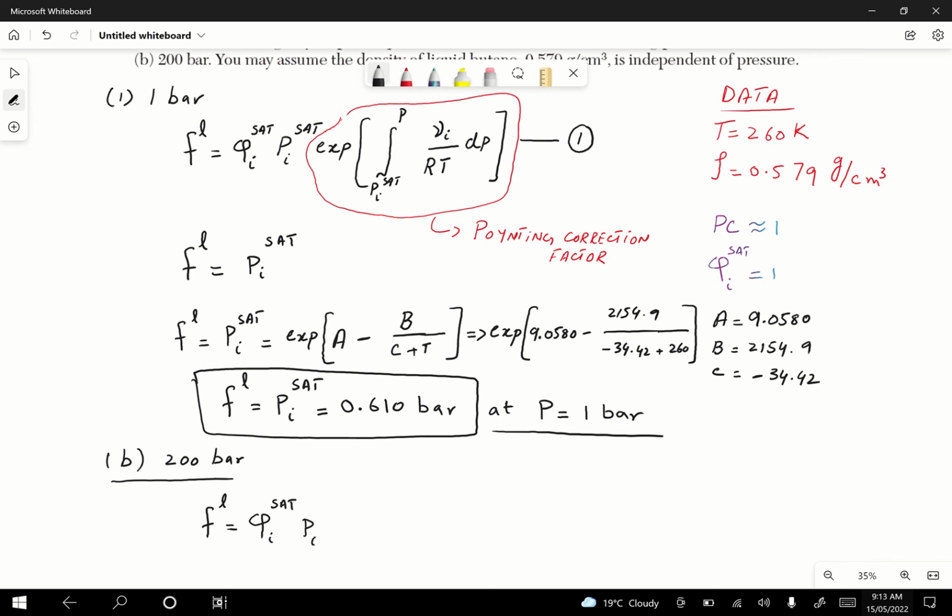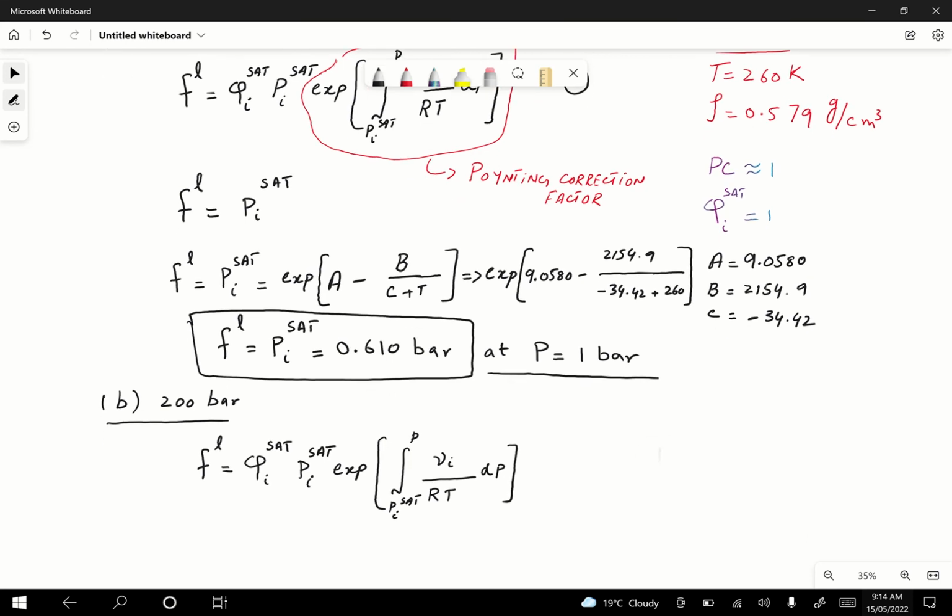Pi sat we have calculated from part A. EXP and integral. Saturation pressure, we already know. Pressure is 200 bar. Specific volume over R, the universal gas constant. Temperature is given, and this is dP. So this is the formula, again exactly similar.